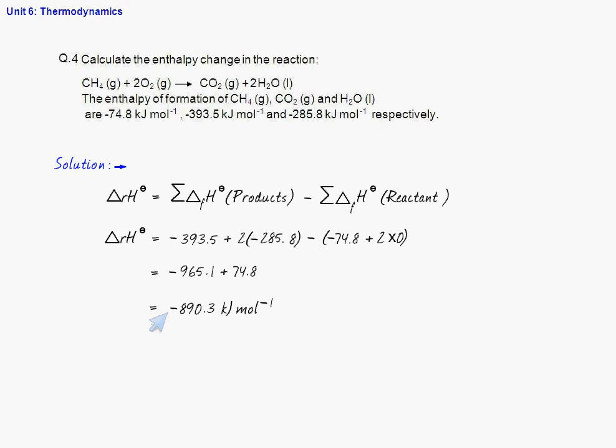Okay, so the enthalpy change for the reaction is minus 890.3 kilojoule per mole.